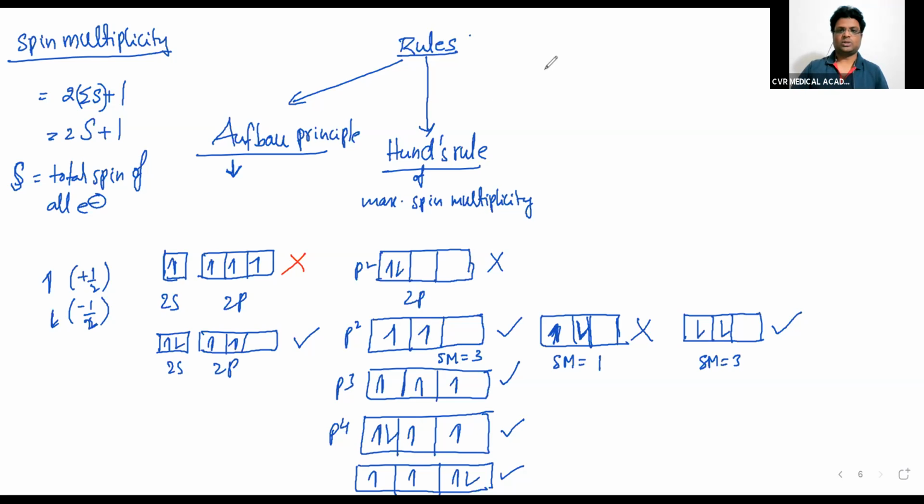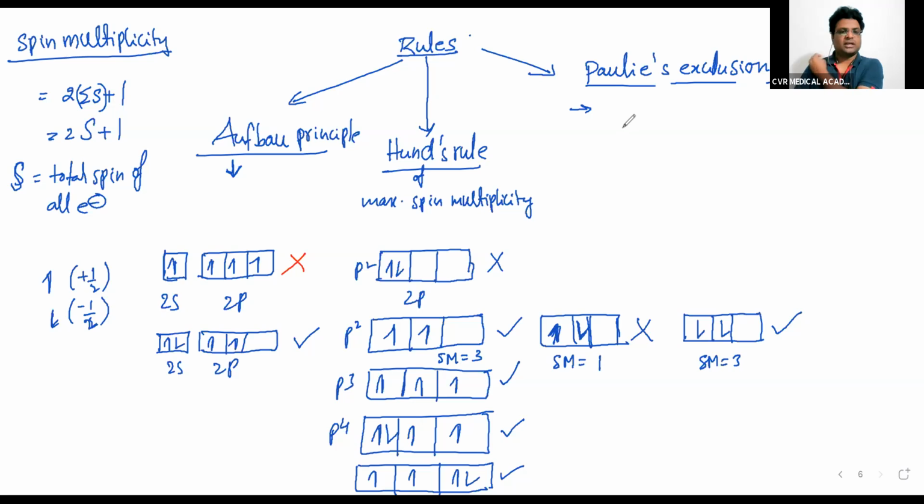Okay. The third rule is Pauli's exclusion principle. So what is this Pauli's exclusion principle? According to Pauli's exclusion principle, no two electrons in an atom can have the same set of 4 quantum numbers. The basic statement is like this. Write the statement.